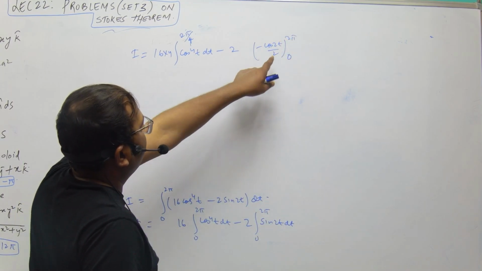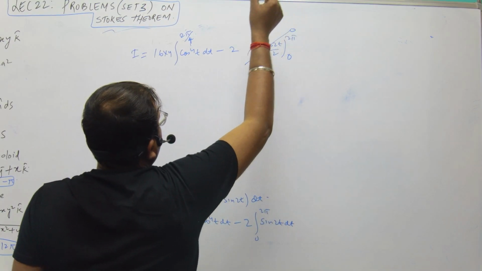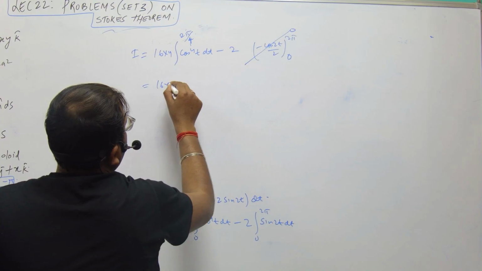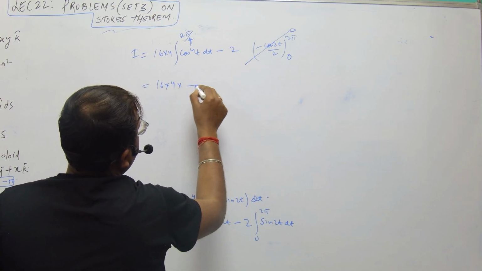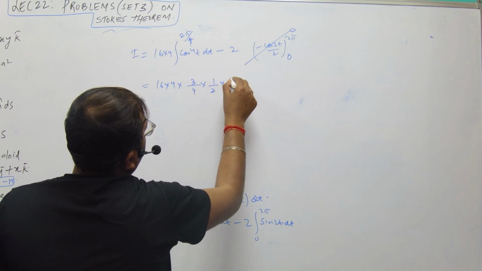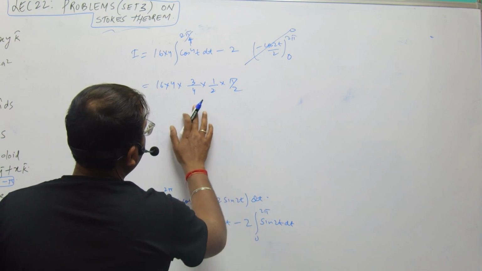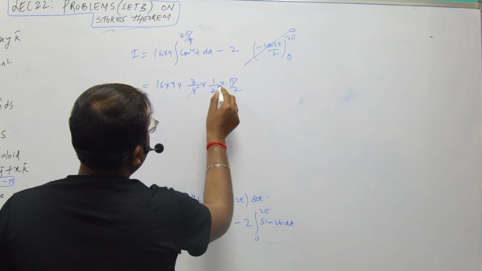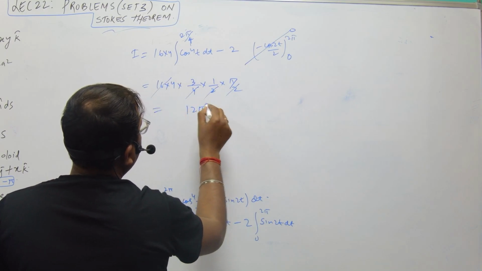Cos of 4 pi is 1 and cos of 0 is also 1, so 1 minus 1 is 0. So this is straight away 0. Using the cosine reduction rule, the first integral is 16 into 4 times 3 into 1 upon 4 into 2 into pi upon 2. So 16 gets cancelled, and this is 12 pi.